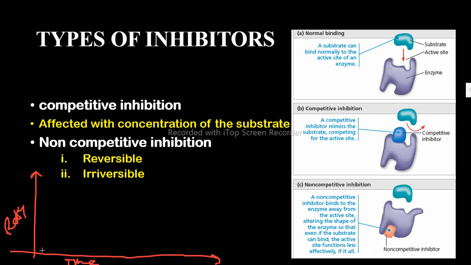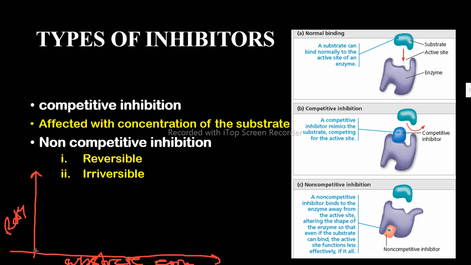Okay? So we can see that the rate, no, we have substrate concentration, not time. Let's put here substrate concentration. Now we can see that then you have the inhibitor.